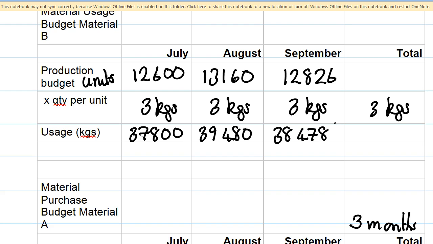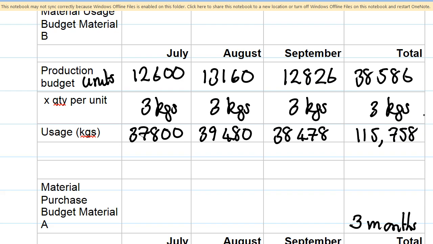For the total, we add up the total of the production budget, 38,586 units multiplied by 3 kilo, and that will give us 115,758 kilos of material B.